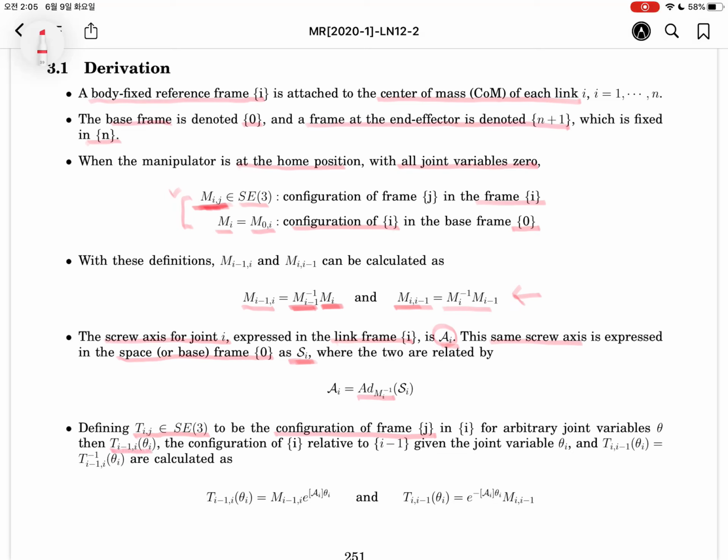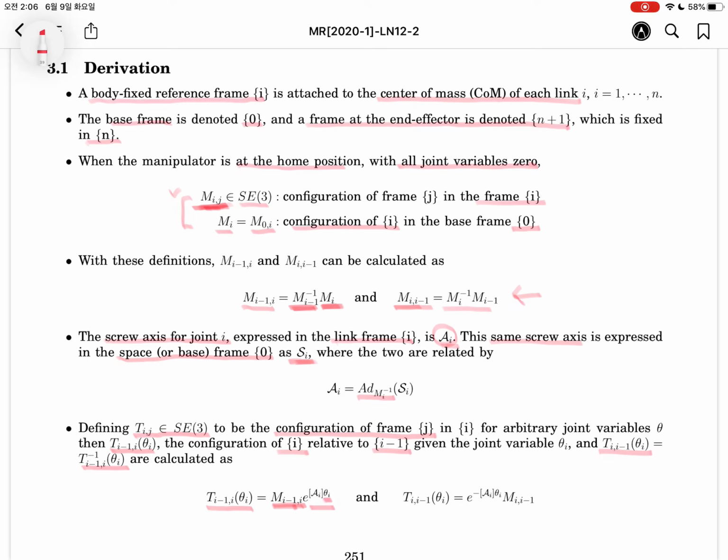And T_{i-1,i} is the computation of the i frame in terms of the i minus 1 frame. Then T_{i,i-1}(theta) can be obtained by the inverse of the matrix T_{i-1,i}(theta_i). So T_{i-1,i} will be obtained from the previous home position M_{i-1,i}, which expresses frame i with respect to 0, and then e^{A_i theta_i} will be multiplied to obtain the effect of theta_i.